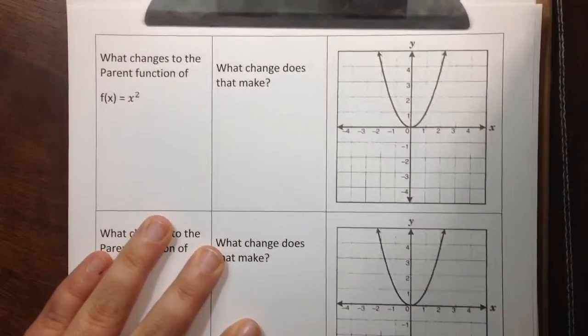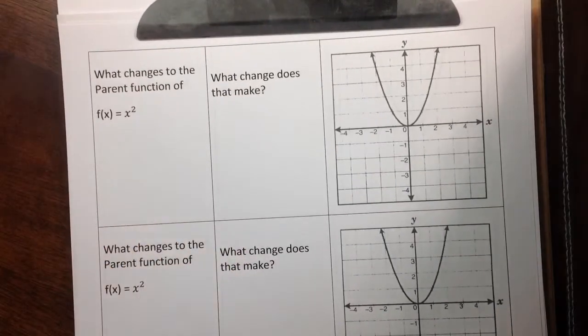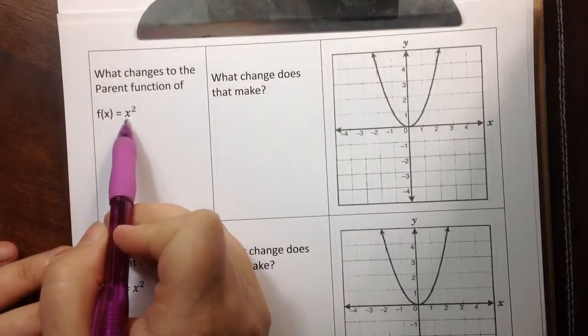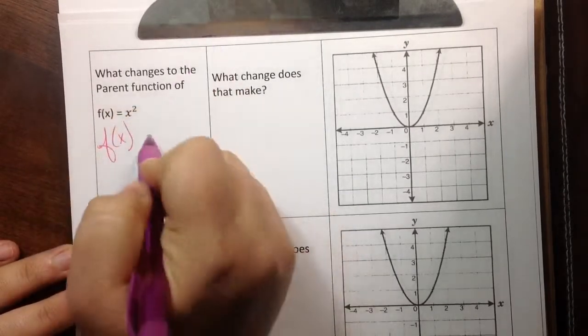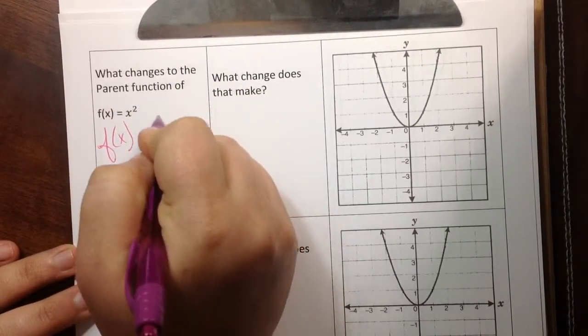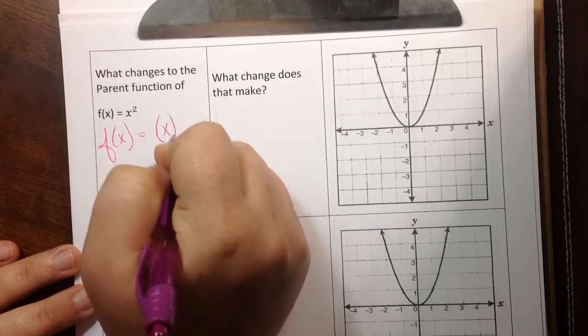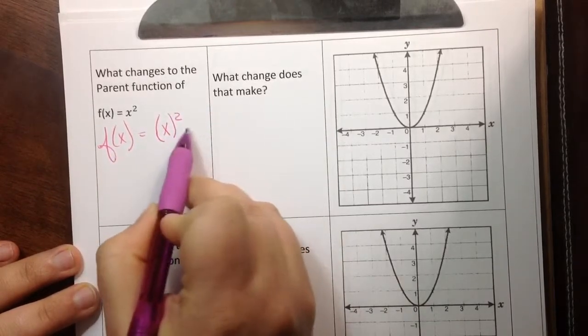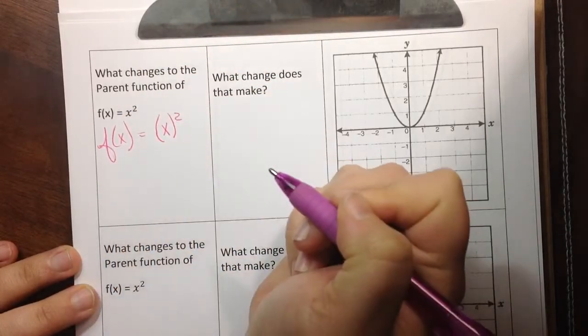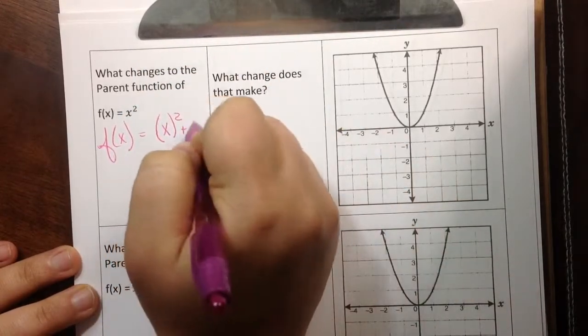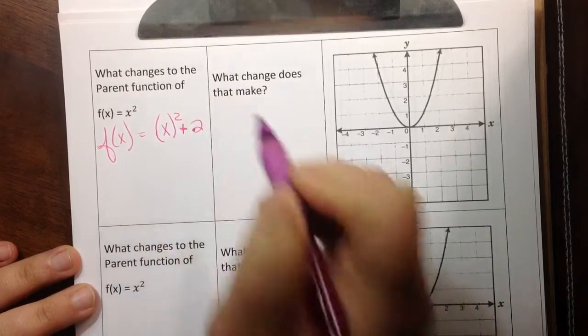All right? Now we're going to try it when we add something on the outside. Now we have our parent function, which is still f of x equals x squared. But this time I'm going to add something outside. Annabella, I need a number between 1 and 4. 2. Okay, so Annabella wants to add 2 on the outside.